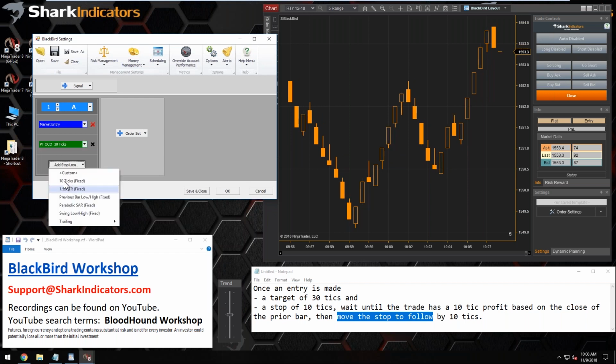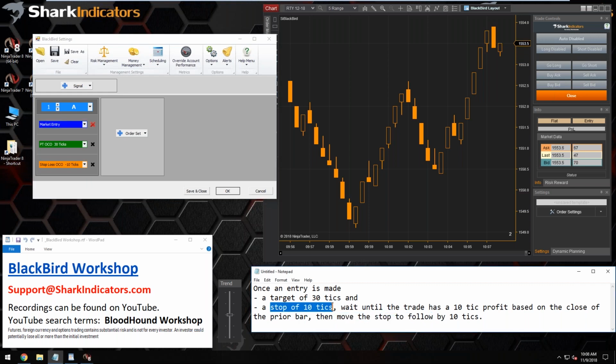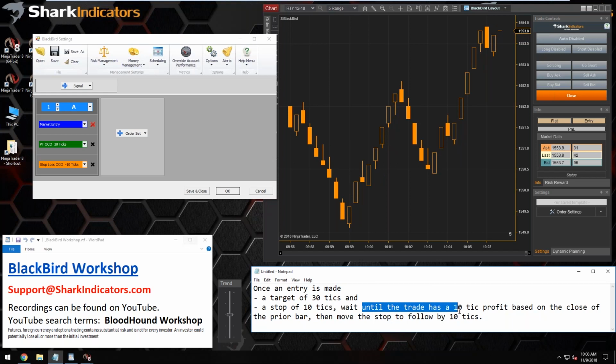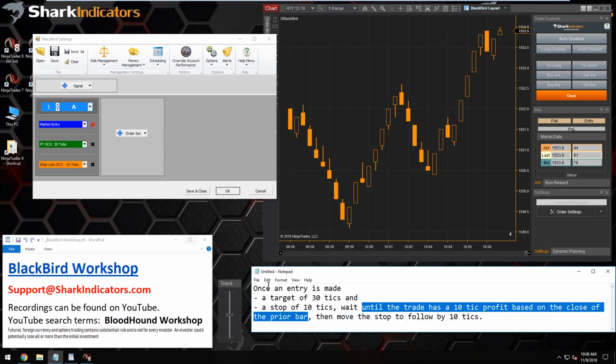I'll start off with a simple 10-tick fixed stop loss, so we have an initial stop loss of just 10 ticks. And then we're looking for a 10-tick profit based on the close of the prior bar.